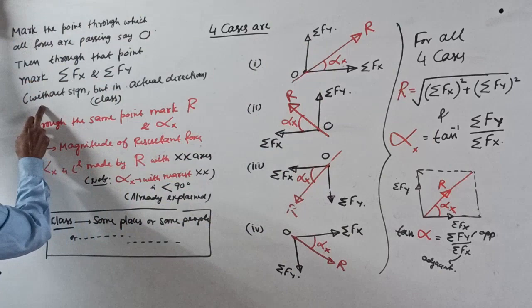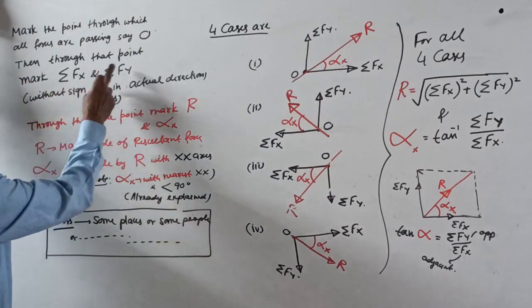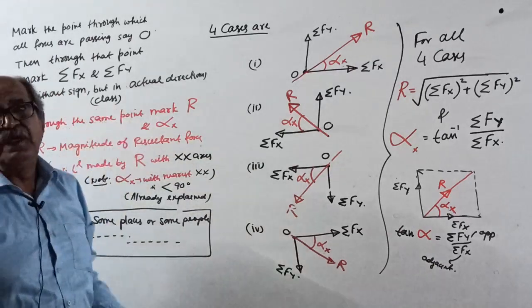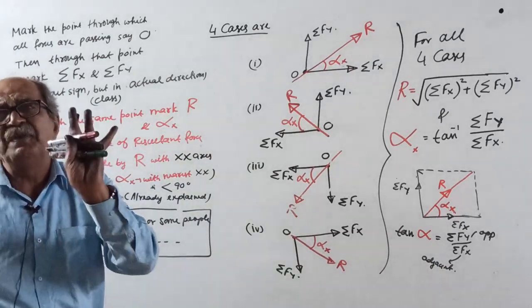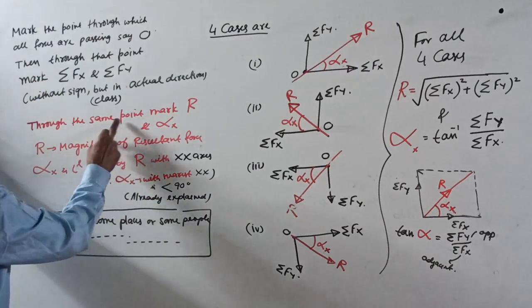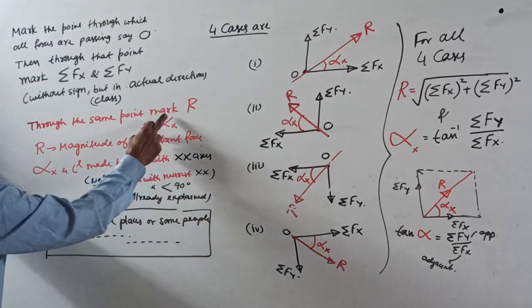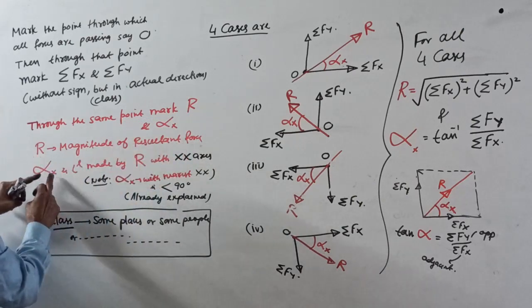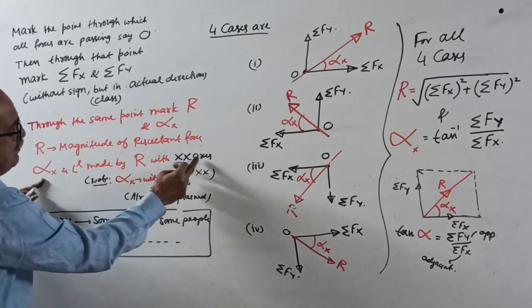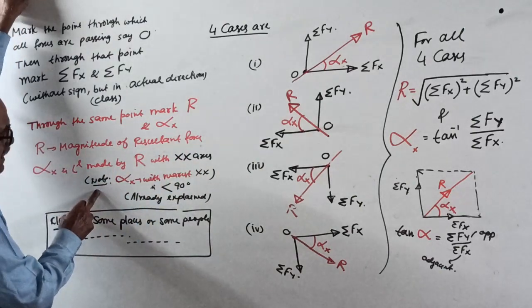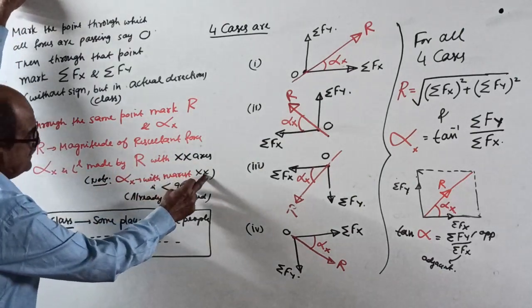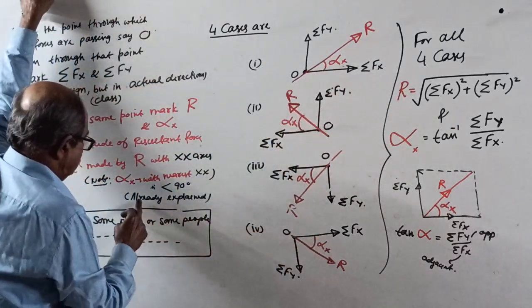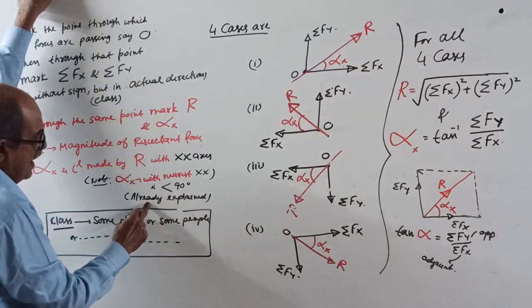But remember, mark sigma Fx, sigma Fy without sign, but in actual direction. Class, already told, will be thoroughly explained when I take up the first example. Through the same point, mark R and alpha x. R is the magnitude of the resultant force. Alpha x is the angle made by R with the x-x axis. I told repeatedly, alpha x with nearest x-x, see there? Nearest x-x, and that is less than 90 degrees, already explained.